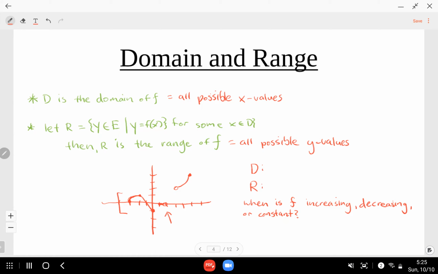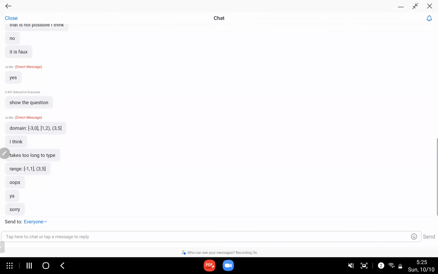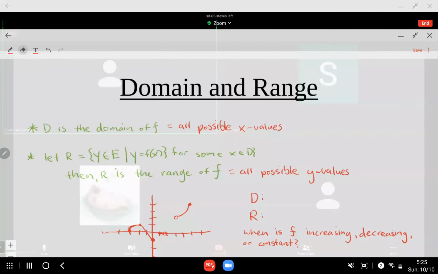The answer is no, because we still have this point here that is also y equals 0, and that is included in the range, so we don't change our answer. Very good job to whoever said that. Okay, that took way too long.